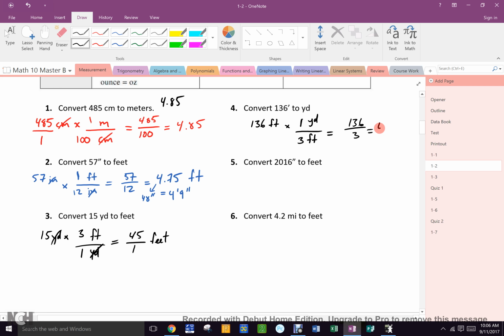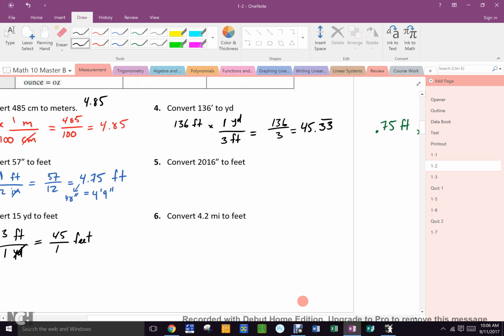So what's wrong with that regular number, 45.33? It's a decimal. 0.33 is 45 and 1/3, isn't it? Oh crap, I gotta push that button. It's 45 and 1/3, yes? Well, what's 1/3 of a yard? One foot, right?